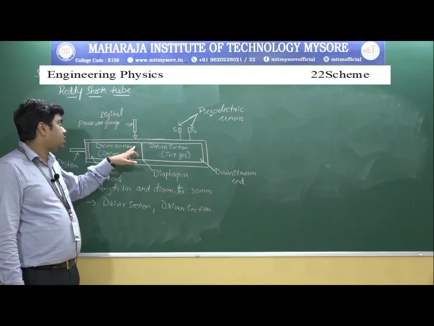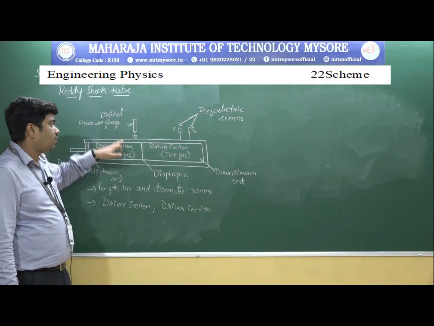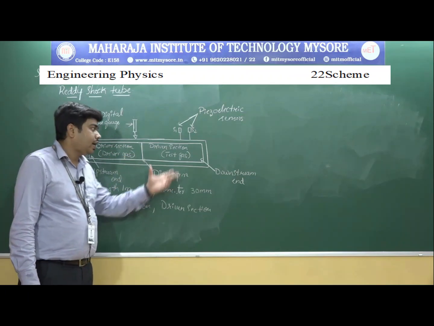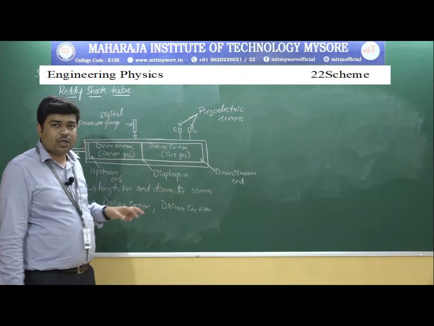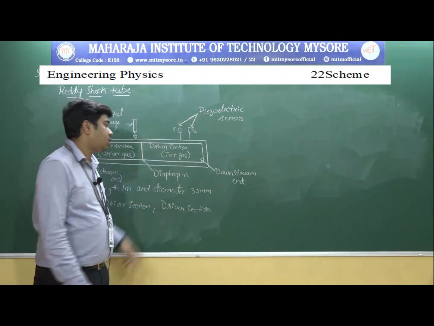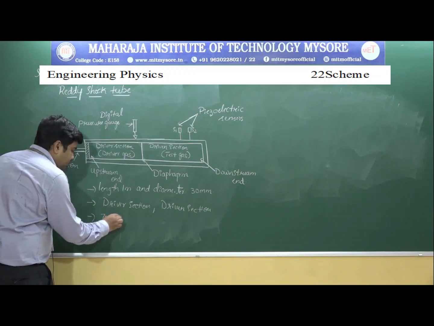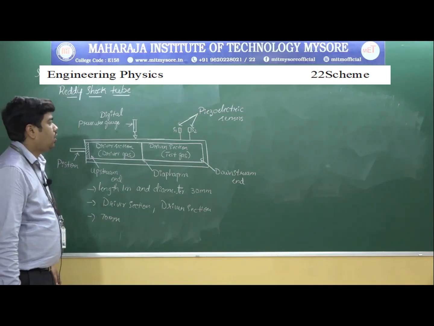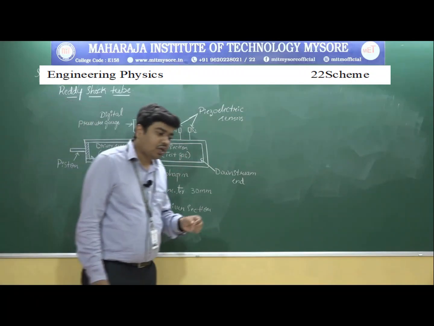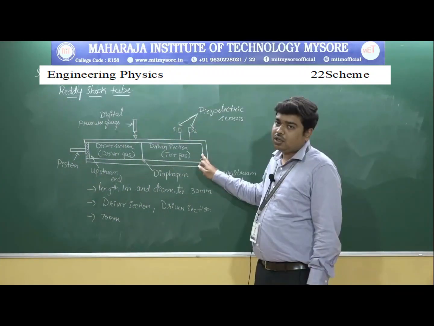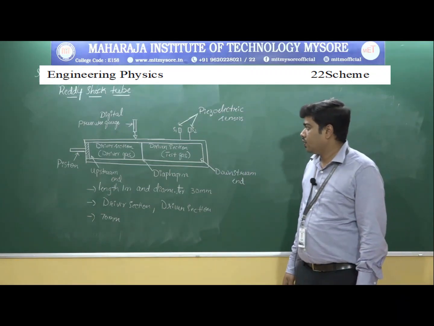Now, at the end of the driver section we have fixed a digital pressure gauge which is very near to the diaphragm, and at the end of the driven section near the downstream end there are two piezoelectric sensors fitted about 70 millimeter apart. Now, the test gas is filled in the driven section by using a nozzle. The driven section is completely sealed once the test gas is filled inside it.